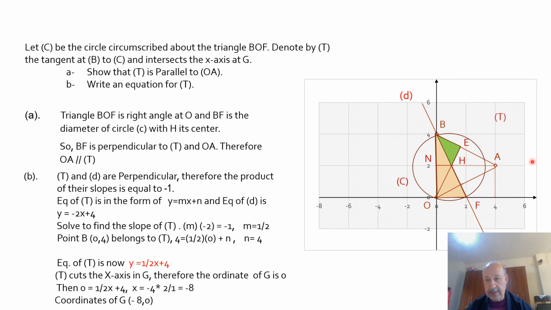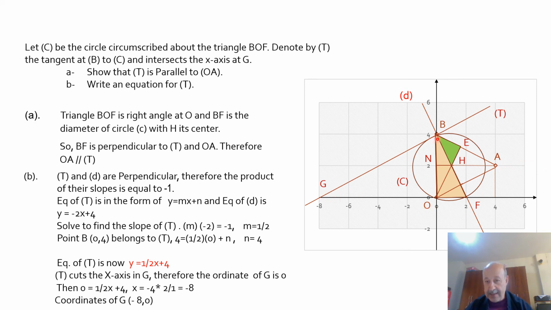This is T, the tangent, and we locate G as the intersection of T and the x-axis. Show that T is parallel to OA.